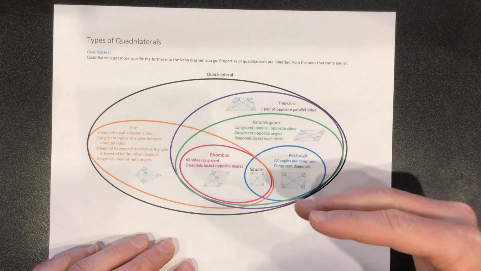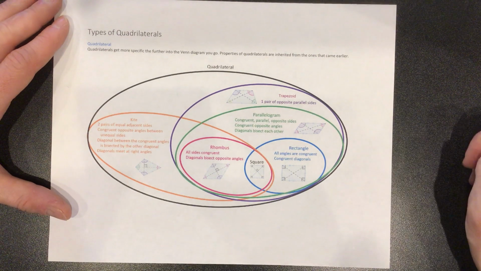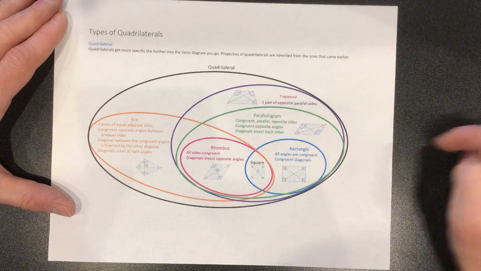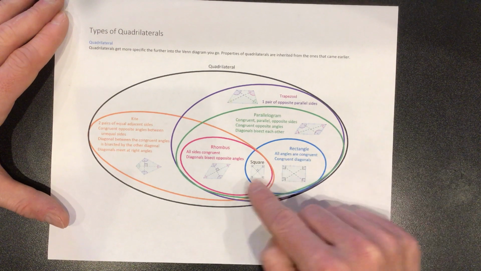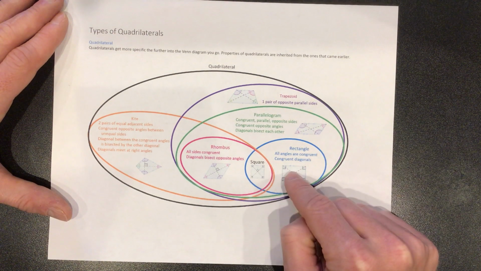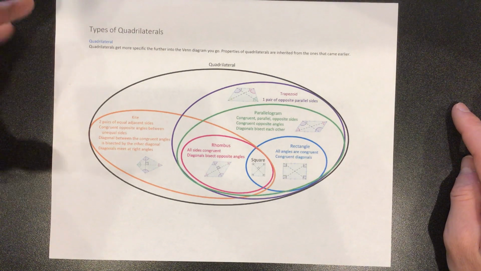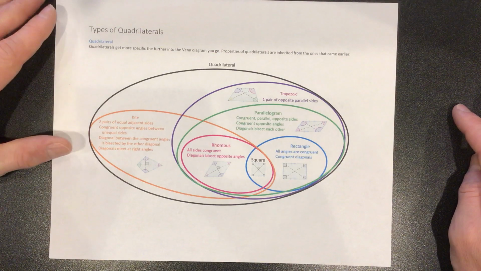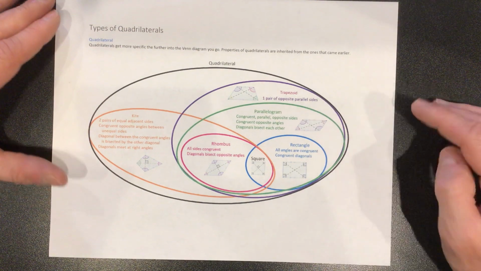In general, it's really hard to say things like, in a parallelogram, are diagonals congruent? Well, in a parallelogram like this, diagonals are congruent, but since a rectangle and a square are parallelograms, and in their cases the diagonals are congruent, then yeah, of course, there are some parallelograms where the diagonals are congruent, but that's not a general characteristic of all parallelograms.